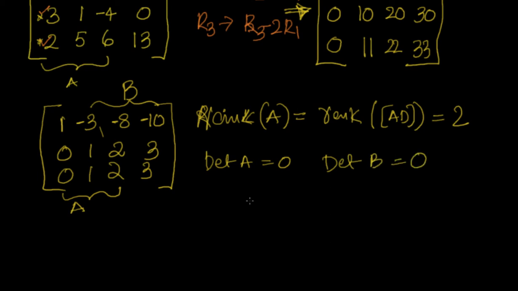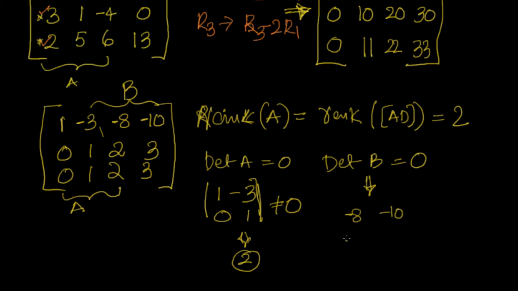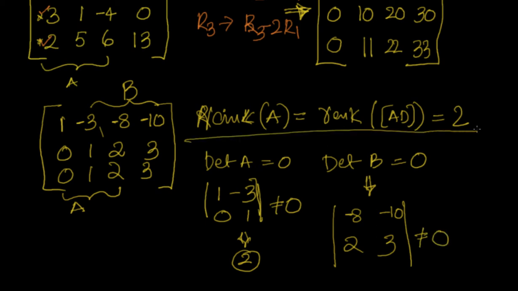Not only that, I can see here there is a matrix 1, minus 3, 0, 1 which is not equal to 0. That gives me rank equal to 2. Similarly, det of B is 0 and also I have minus 8, minus 10, 2, 3, that is nothing but minus 24 plus 20, which is not equal to 0. Therefore, rank of A equal to rank of the augmented matrix equal to 2.